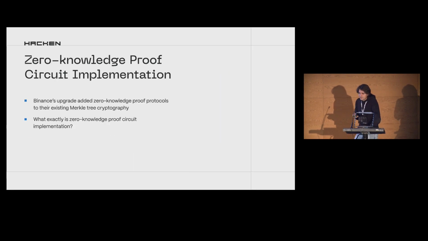They created a zero-knowledge proof circuit which computed the Merkle tree and all the assets and debts for the 130 cryptocurrencies they hold. But it's quite hard to implement a zero-knowledge proof circuit for 50 million users, so they had to introduce some optimizations, and that's when the problem started.